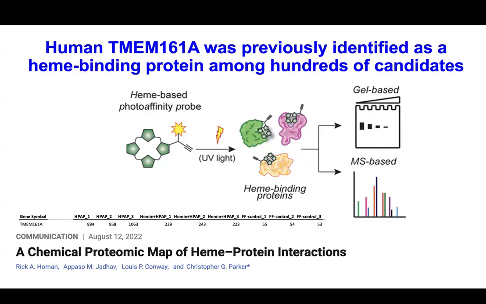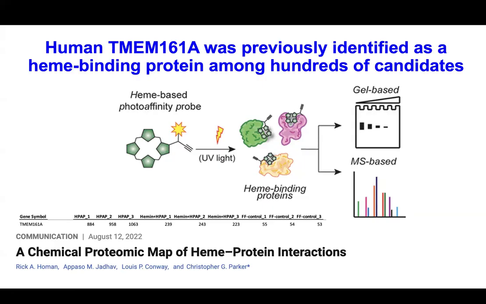In this approach, they use UV light to stabilize the conjugation of the heme-binding protein to enrich the heme-binding protein for mass spectrometry analysis.